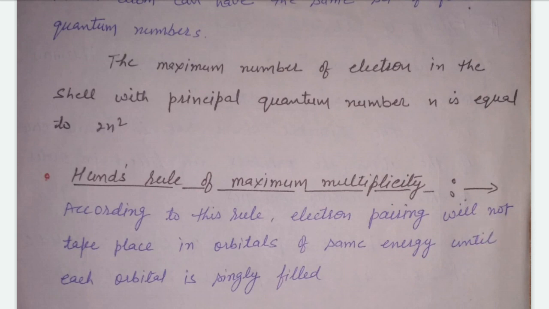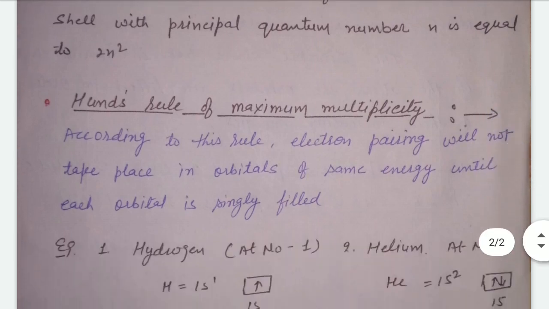And second, we follow Hund's rule of maximum multiplicity. According to Hund, electron pairing will not take place in orbitals of the same energy until each orbital is singly filled.